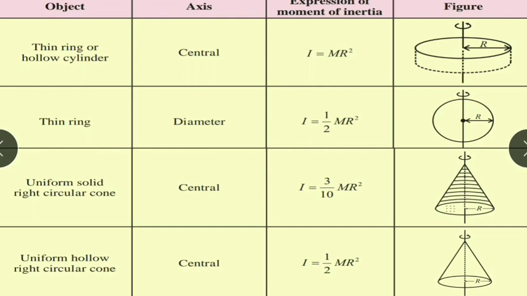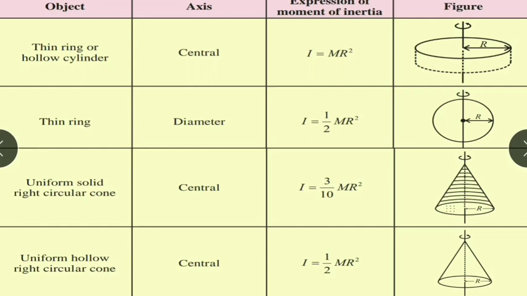For the ring, moment of inertia is equal to mr square about an axis passing through its center and perpendicular to its plane, and for the ring, moment of inertia is equal to half mr square about an axis along its diameter.